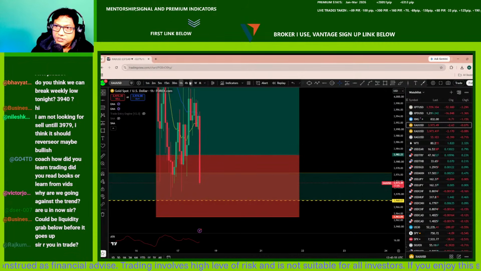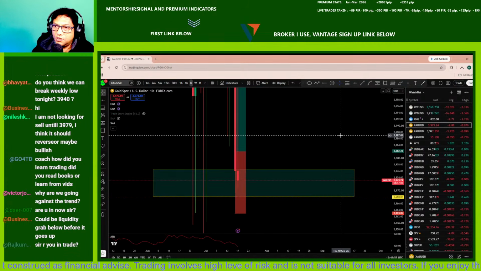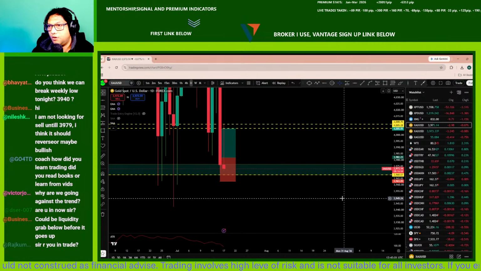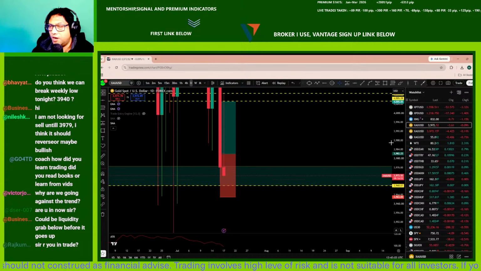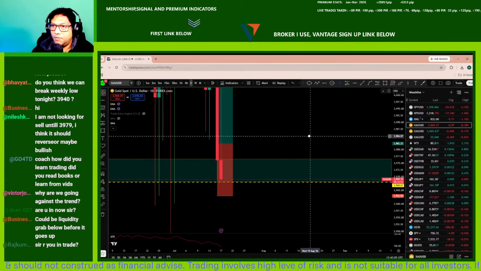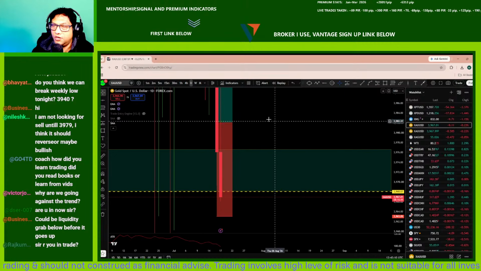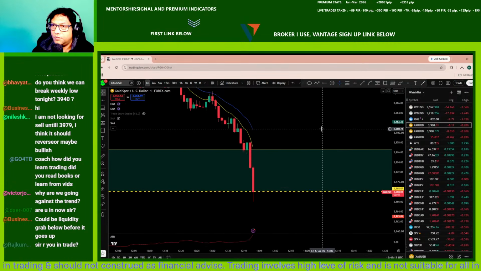So the price is almost at the daily low, right? And if the market bounces off this, okay, so there is a liquidity grab, a strong liquidity grab.